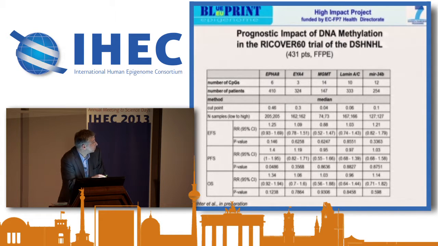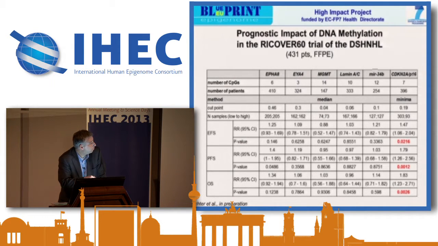The first conclusion was that all these markers we identified, and those published before, which we tested by bisulfite pyrosequencing, did not turn out to be prognostic when applied to a prospective trial. The only exception was the methylation of the P16 gene, which was prognostic regarding event-free survival and also overall survival.